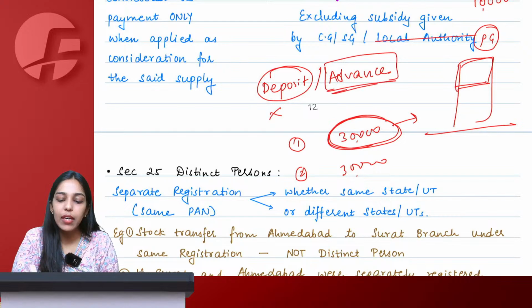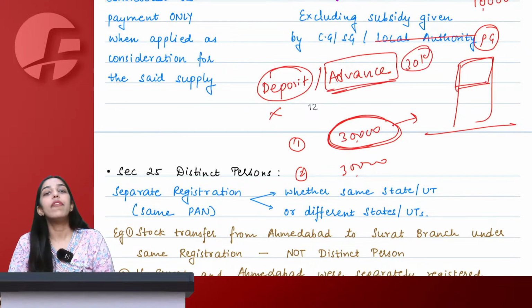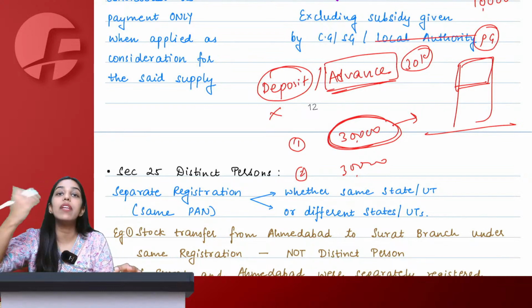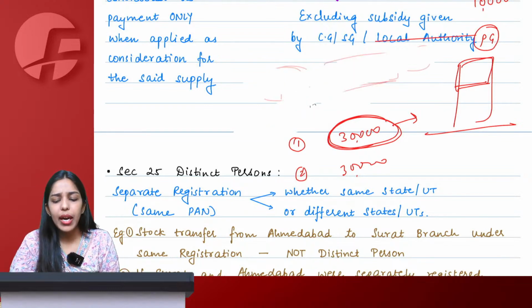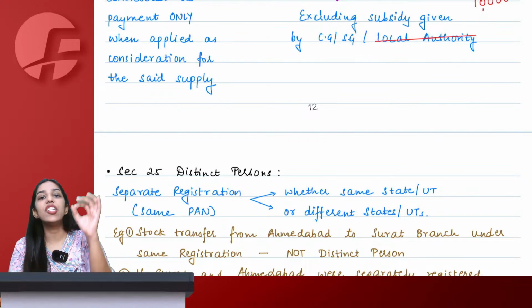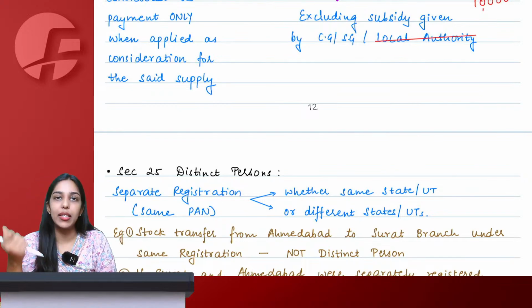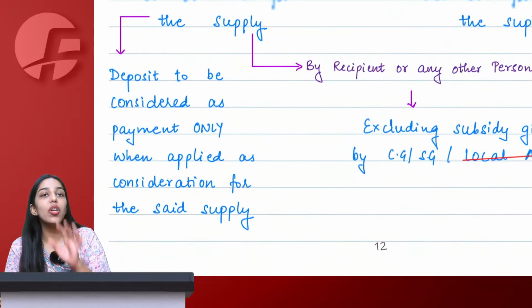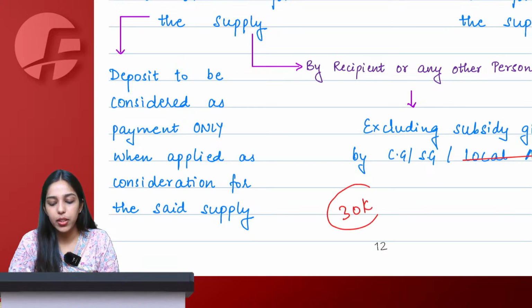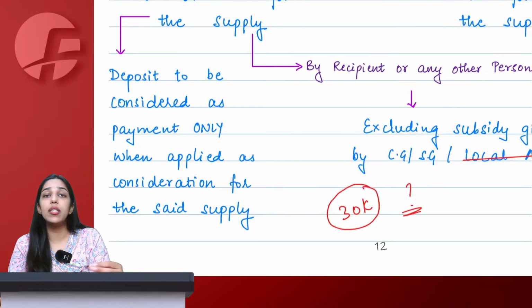Whereas if I say that I have given 30,000 advance, it means for the next 3 months, I will not be required to pay the rent because I have paid it in advance. So understand, advance is ultimately adjusted against the supply that is being made. Deposit is not adjusted. So today if I give a 30,000 deposit, should it be considered as consideration?